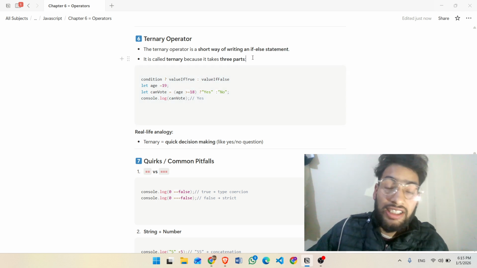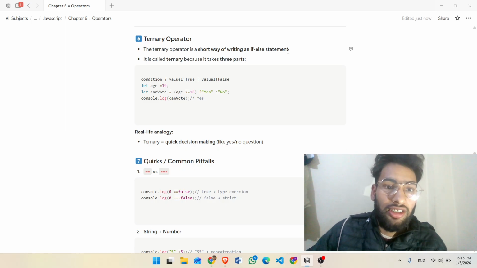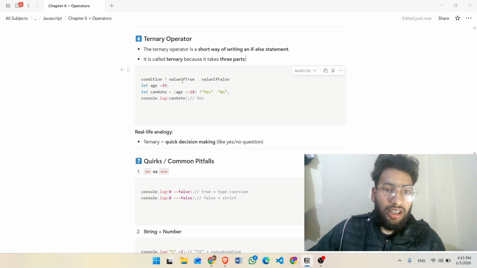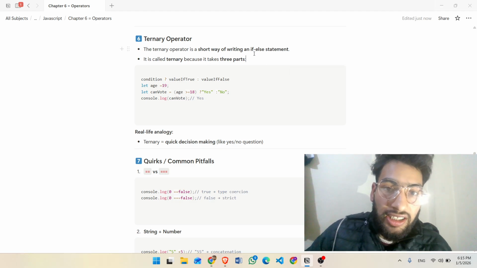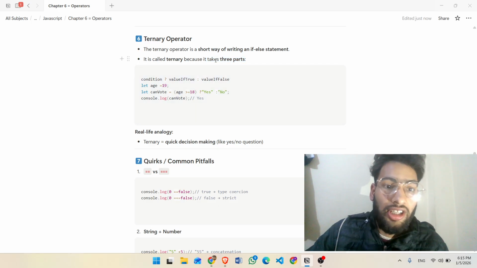So it reduces the use of if else statements. So let's see it in a coding example. It takes three parts, I already told you: condition, value if true, value if false.